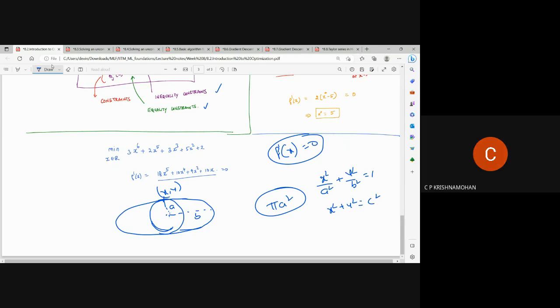Here C is A, right? I know C is A there, but let's assume that you don't know that C is A. Assume it to be something like R.